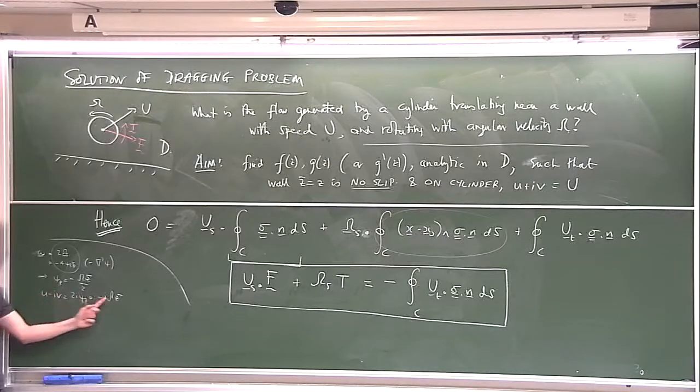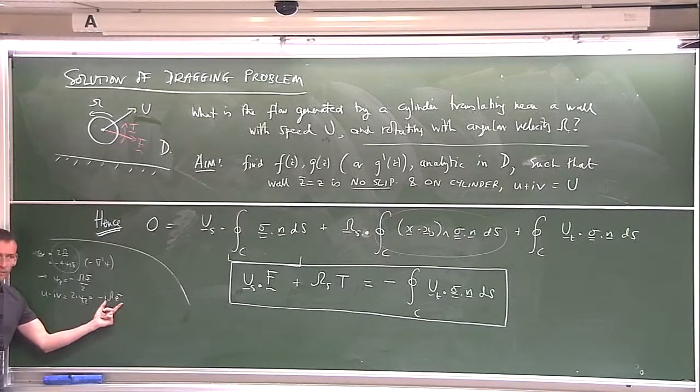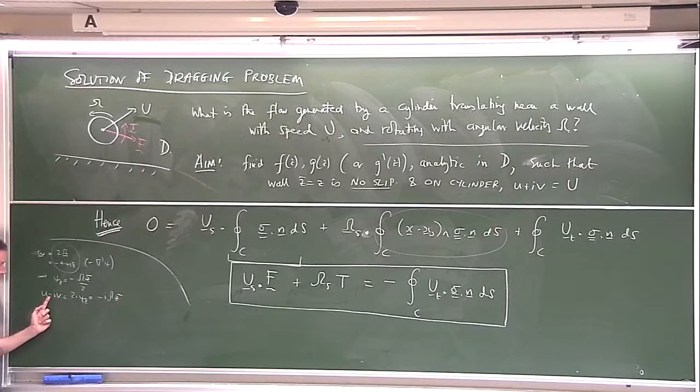So u minus iv, which is anti-analytic, by the way, which is great because this is in irrotational flow, which this isn't because it's rotating. This is a dw by dz analytic function. So I'm very happy to see a completely anti-analytic function here because it's rotating. So u plus iv is i omega z.